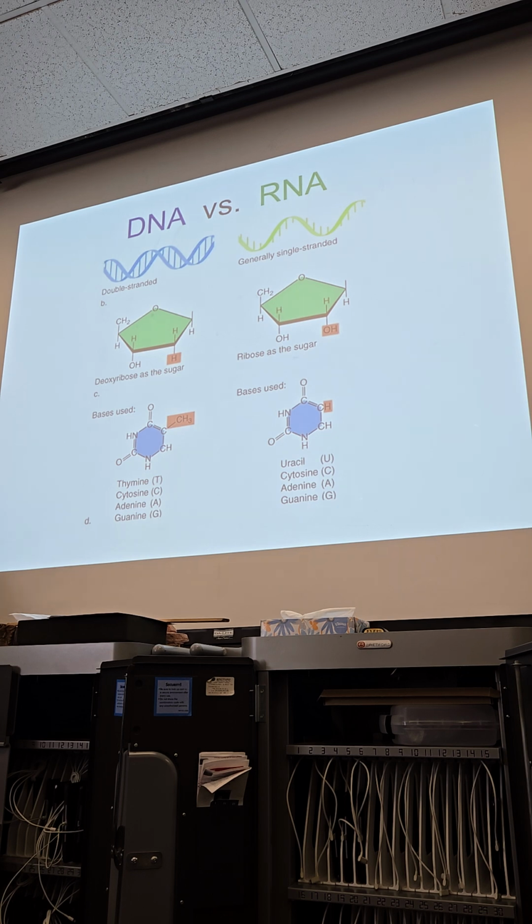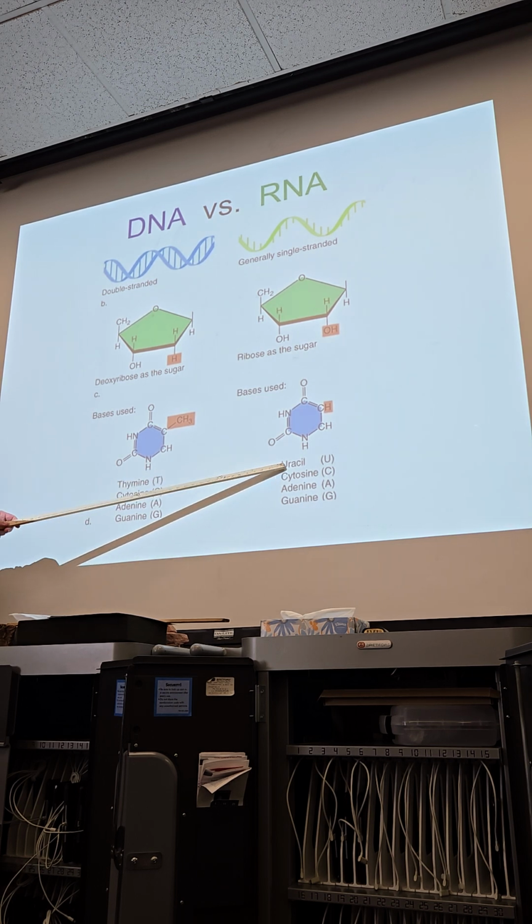RNA also builds on the 3' side. We always build on the 3' side. The difference is RNA, for the most part, is single-stranded. For the most part. The bases we use, T, C, A, and G, we replace T with U. That is it. Okay. How we feel?